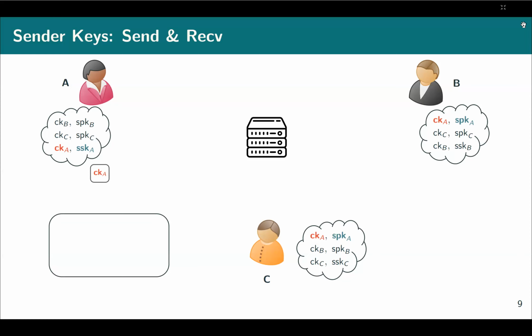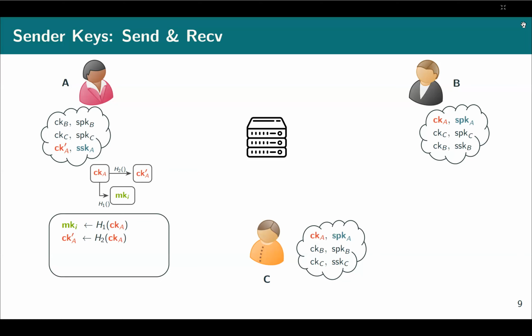So Alice, the first thing she will do when she wants to send a message will be to obtain a fresh pair of keys. She will apply a key derivation function to her own chain key to obtain a message key that is going to be the one used for encrypting, and then she will ratchet forward the chain key for forward security.